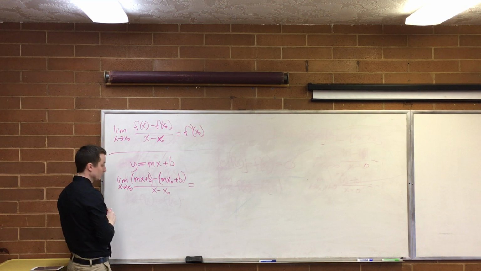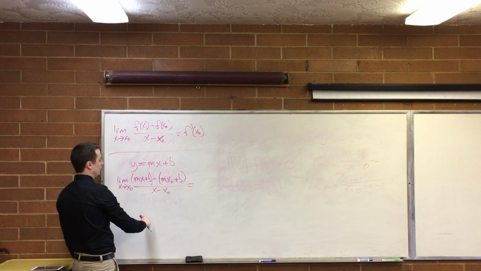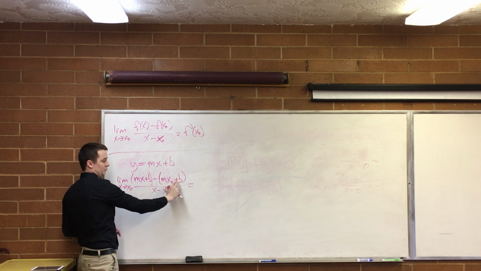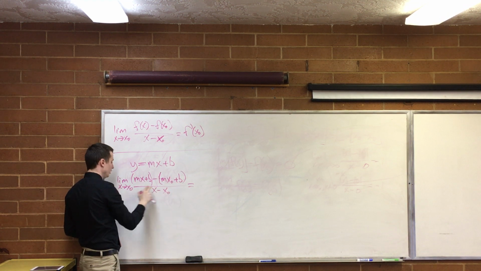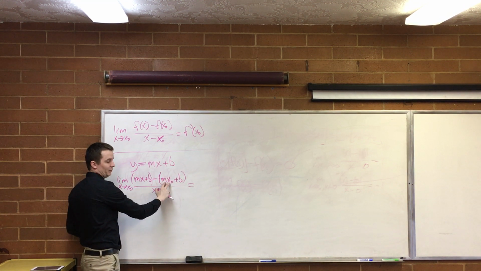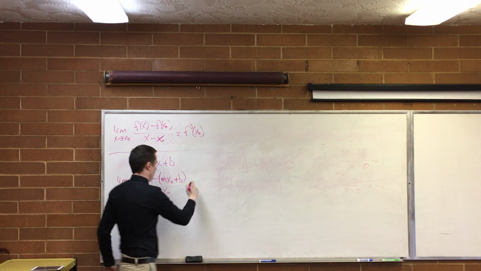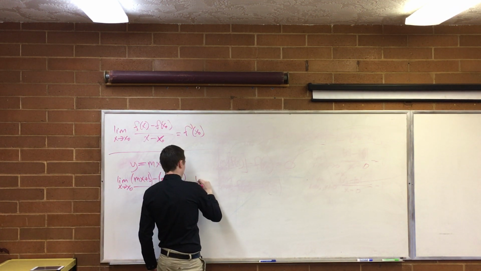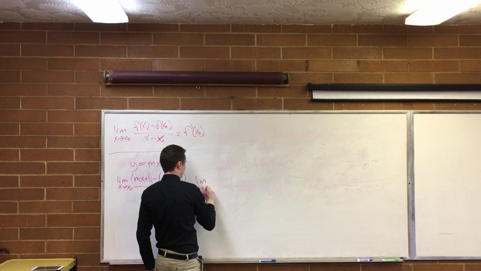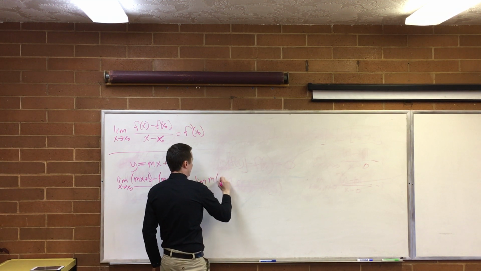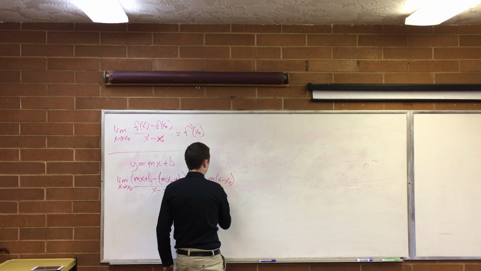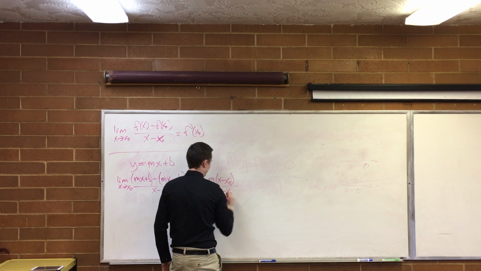Good so far? Okay, distribute the negative. So we're going to have a positive b and a negative b, those go out. So we have mx minus mx naught. I'm going to factor the m out of both those, so I get the limit as x approaches x naught of m times x minus x naught over x minus x naught.